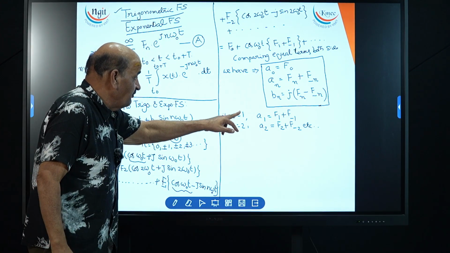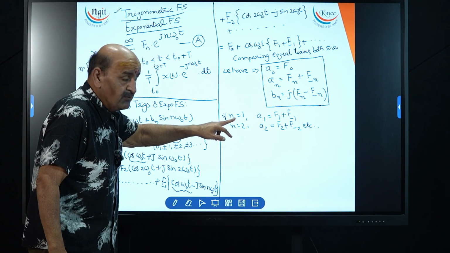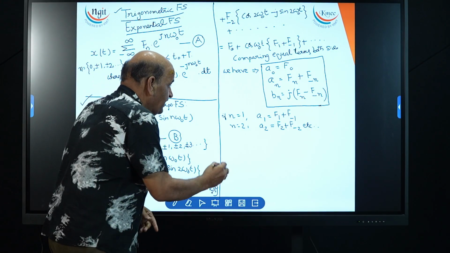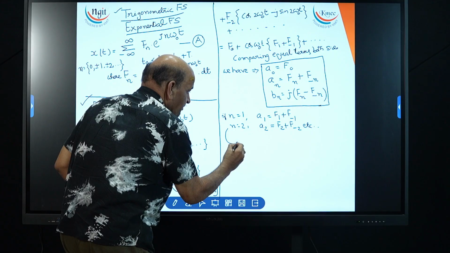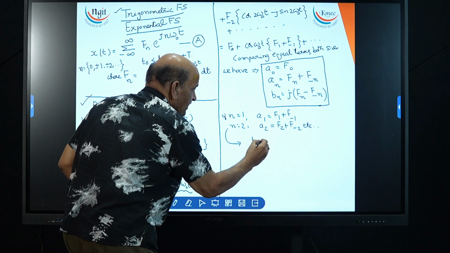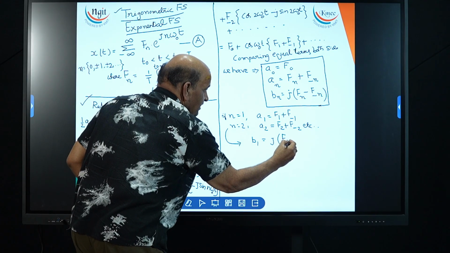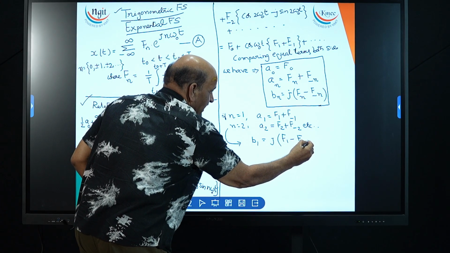Now, should the same n equal to 1, n equal to 2 also be applied for Bn? Yes, we have to apply. Applying the same here, you can write B1 equal to the complex number j times F of 1 minus F of minus 1.